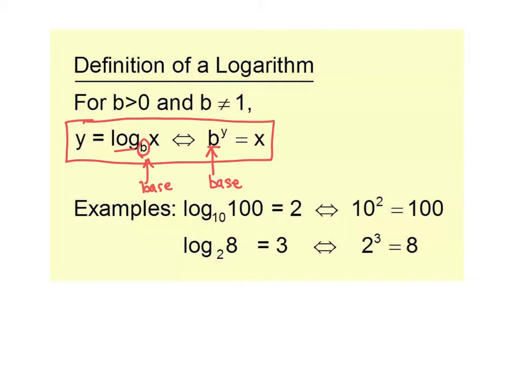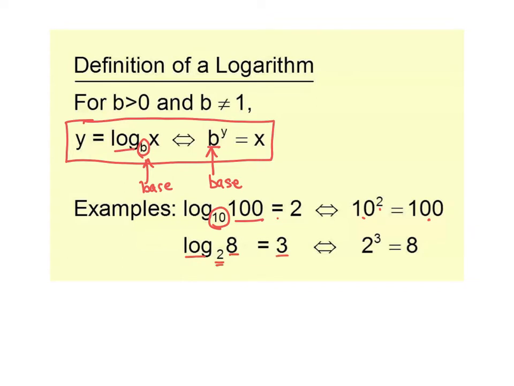Here are a couple examples. We have log of 100 with base 10 is equal to 2. What that means if we rearranged it, because logs don't make sense in our mind, but exponents do. That means 10 to the second power is equal to 100. And we can look at that and say, yep, indeed, 10 squared is equal to 100. The next one, if you look at log of 8 with base 2 is equal to 3.